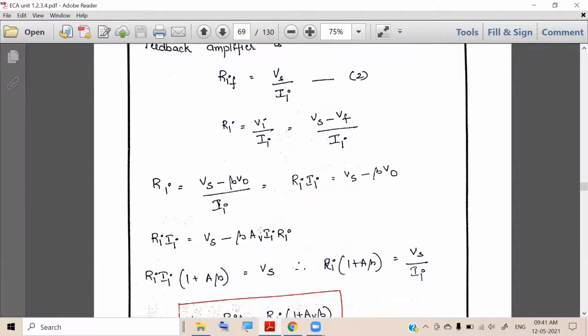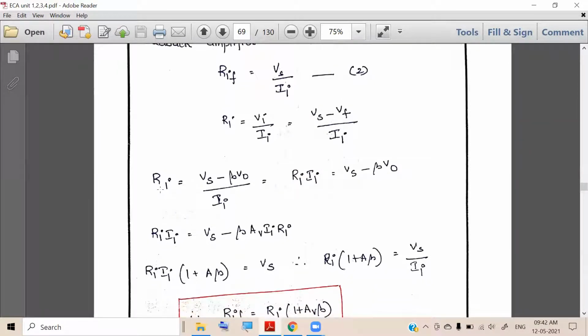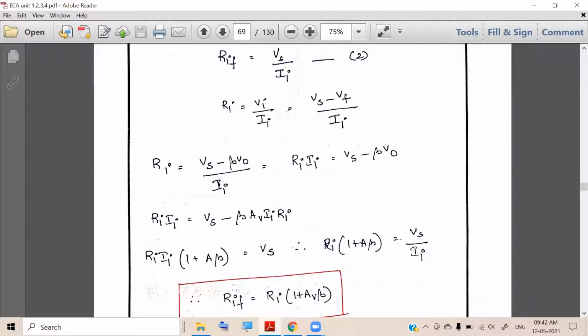What we are doing here is starting with R_i and finding V_s by I_i. V_s by I_i is nothing but the input resistance with feedback, R_if.